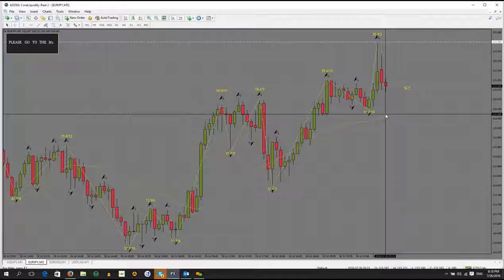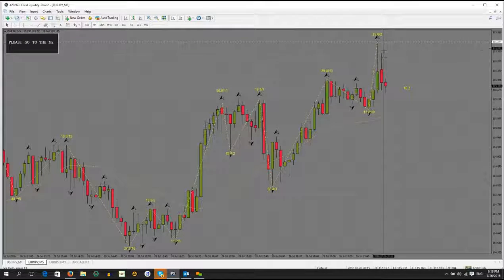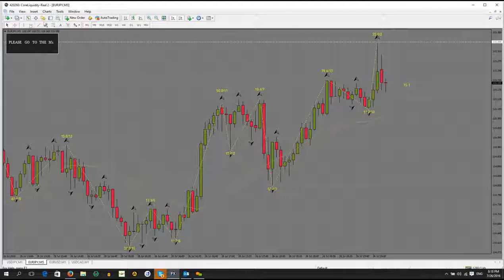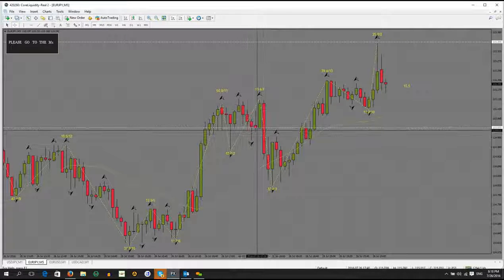So the most important thing for us is to find the level that worked previously. We find the resistance where the price touches the maximum level.